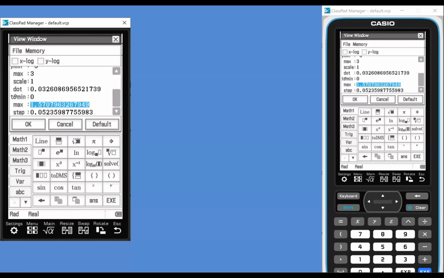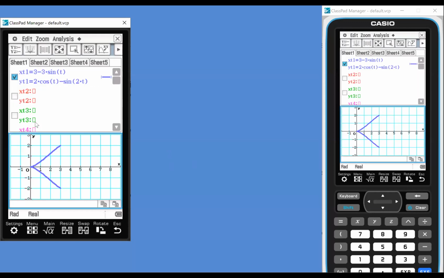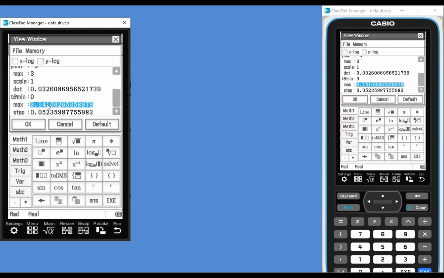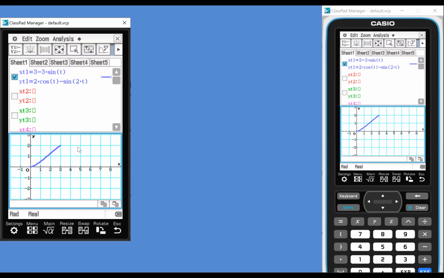Let's try for pi and see what happens. Oh yeah, no, I was right. So essentially what it does, pi on 2, just trying to make sense of this. Yep, so it starts at the 3, 2, like we said, that's its initial position, and then it first reaches it at pi on 2 down there. So it starts here and then works its way around. So we've done that right.